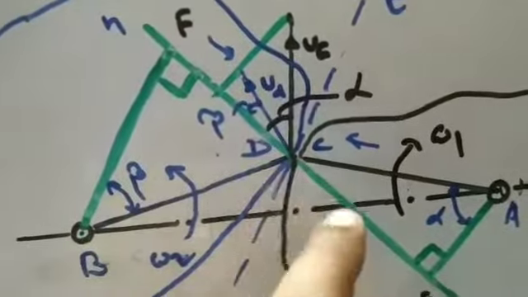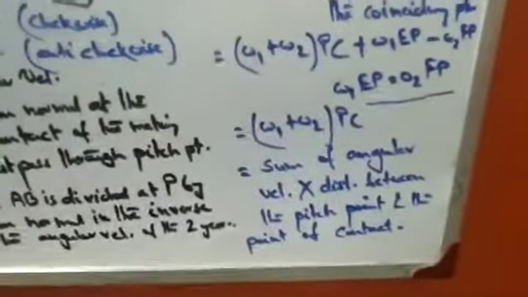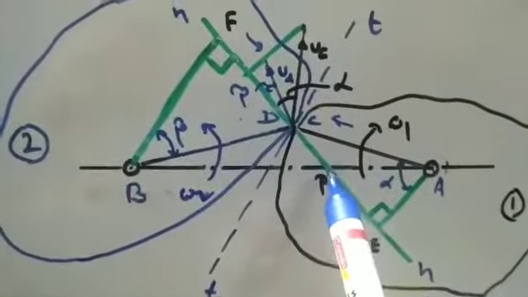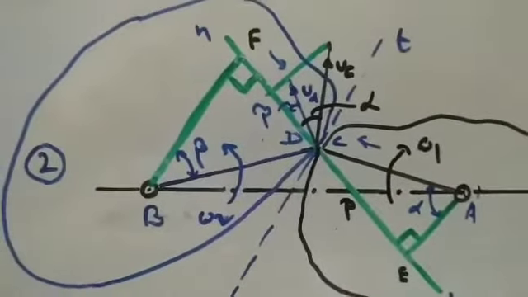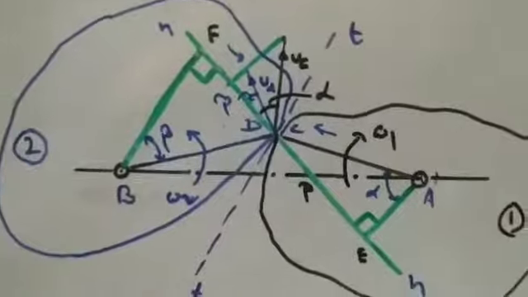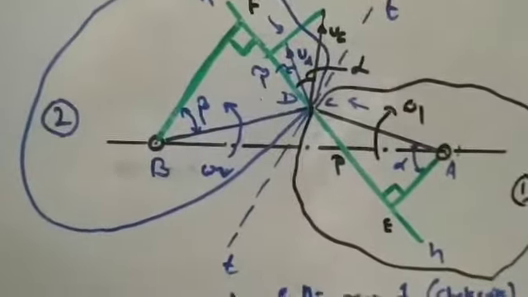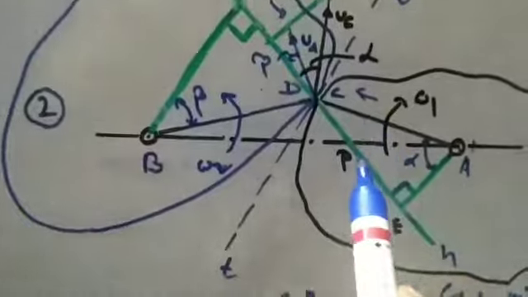PC is the distance from this point to this point, the distance between the pitch point P and the point of contact. So the velocity of sliding is equal to the sum of the angular velocities of the two gears into the distance between the pitch point and the point of contact.